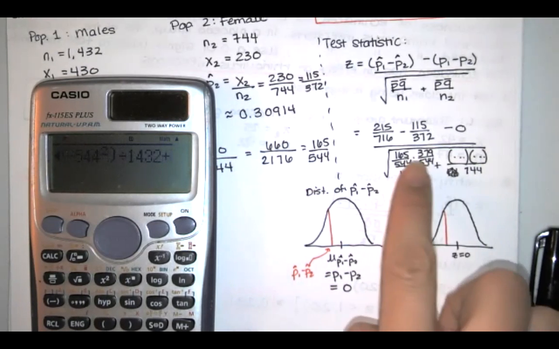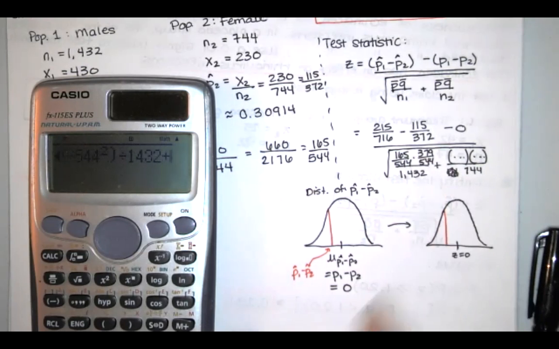And then we want to have this same expression in the numerator here divided by 744 over there. So we'll open parentheses twice. We'll have 165 times 379, close parentheses, divided by 544 times itself is 544 squared, close parentheses for the numerator, divided by 744, and then hit equals.